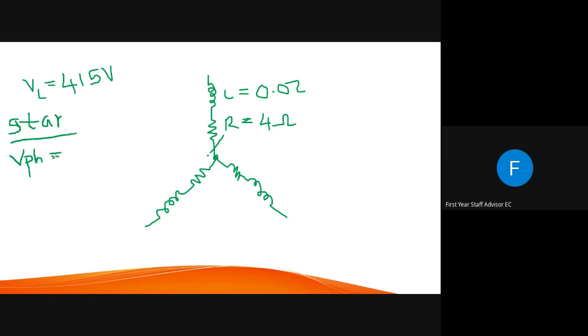For star connection, IL and IPH are the same, and VL is equal to, what was the derivation we got?